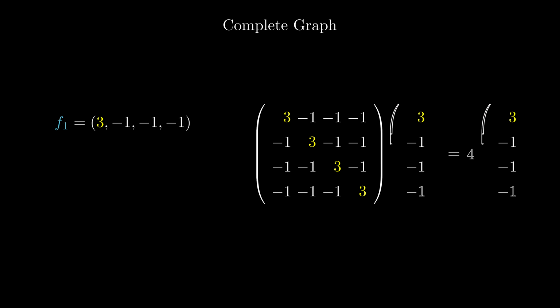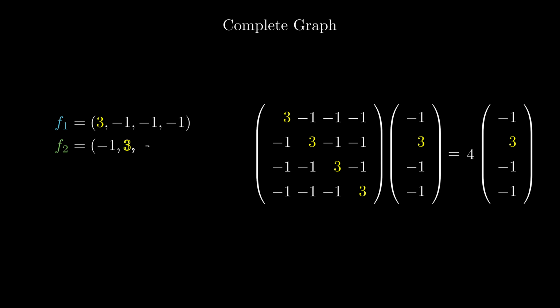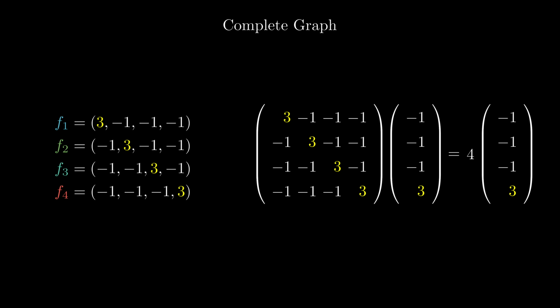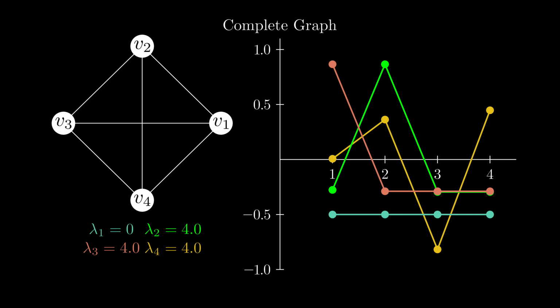We can verify that 3, -1, -1, -1 is actually an eigenvector for the eigenvalue 4. And because of the symmetry, I can shift the entries to get 2 more eigenvectors. Therefore, the dimension of the eigenspace is at least 3, but it's not 4, because the 4th eigenvector will be linearly dependent on the first 3. Therefore, the multiplicity is 3.